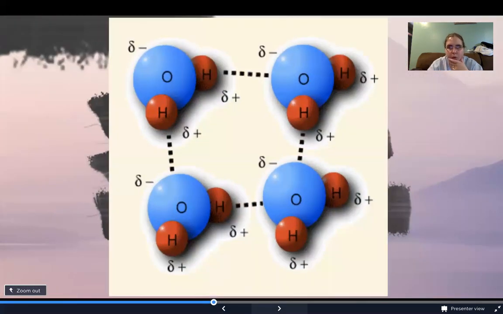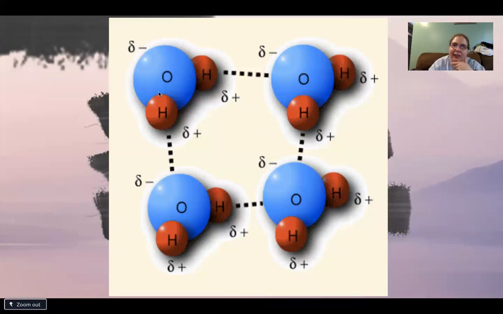So this is showing us water molecules. Water is a very polar molecule. Because of a higher concentration of electrons on the oxygen, this side of the water molecule gets a slightly more negative charge.